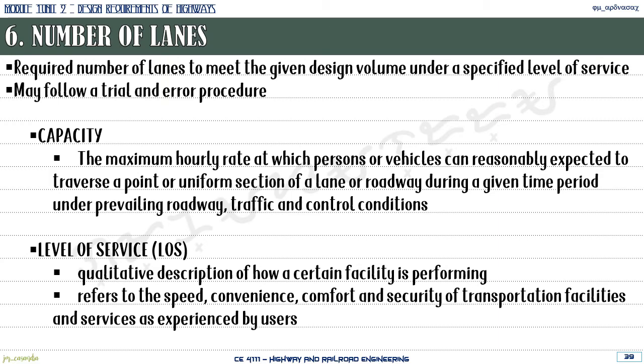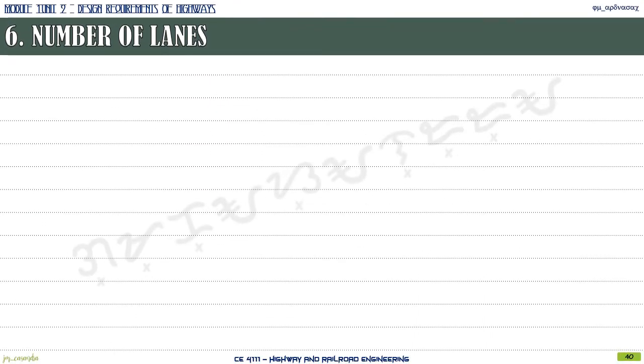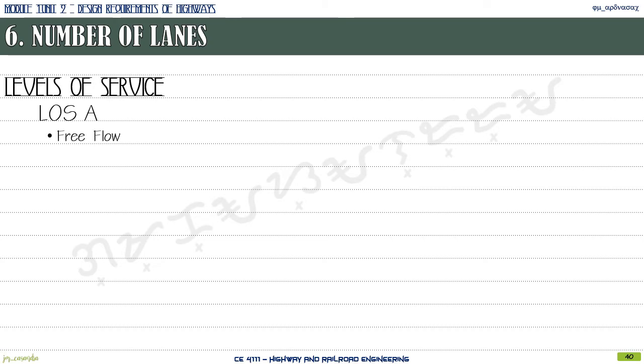So for level of service, we now determine this by the use of our volume capacity ratio. For our levels of service, we have 6 different levels. The first one is what we call LOS A, which is our free flow service, meaning there are uninterrupted vehicles.